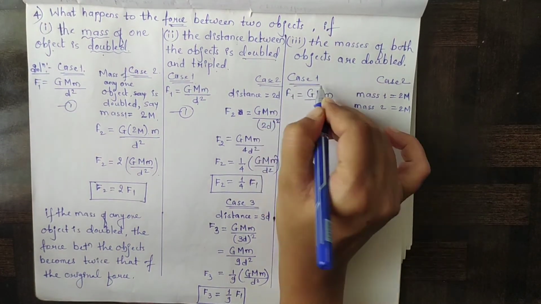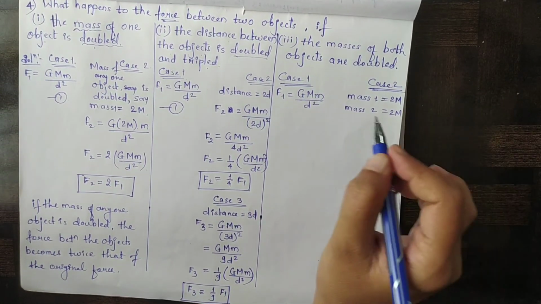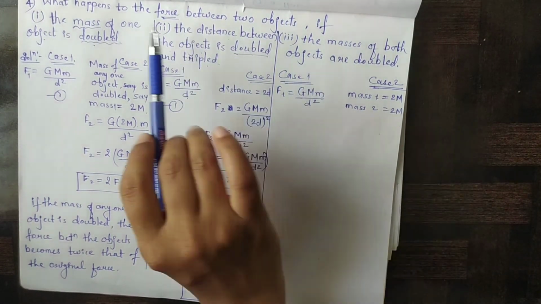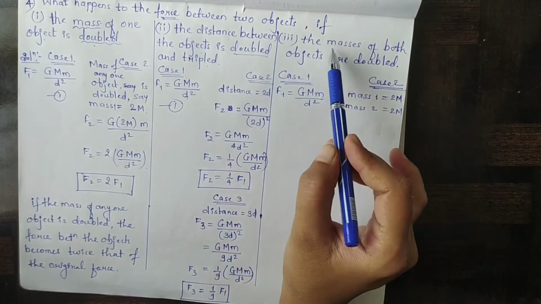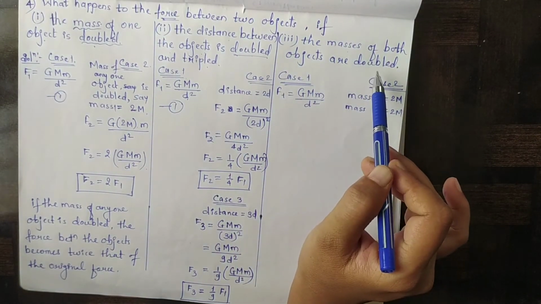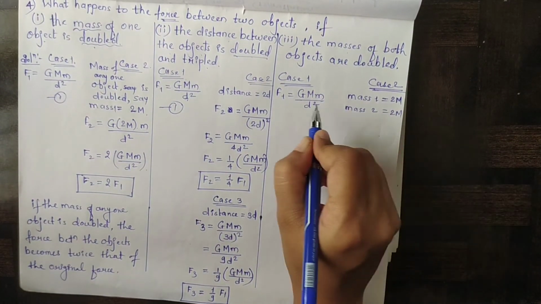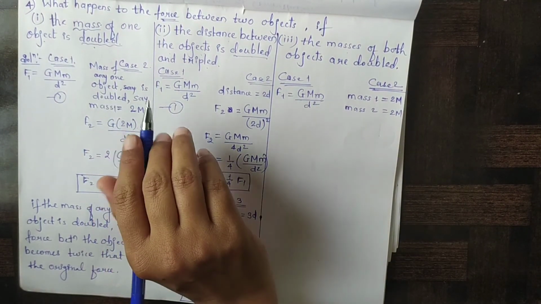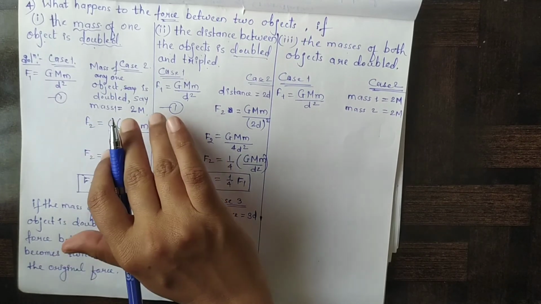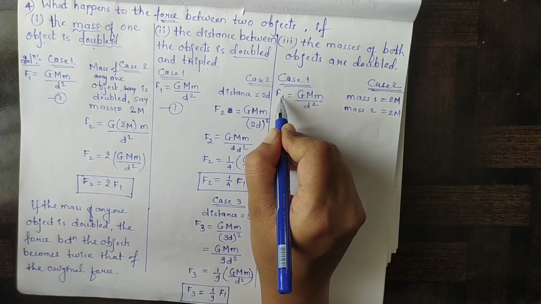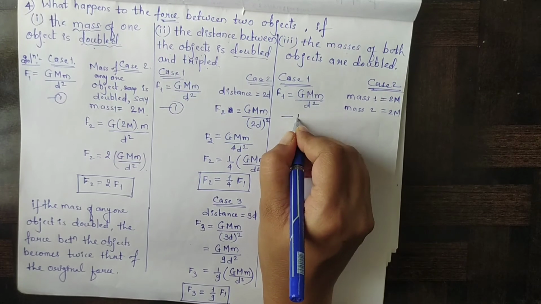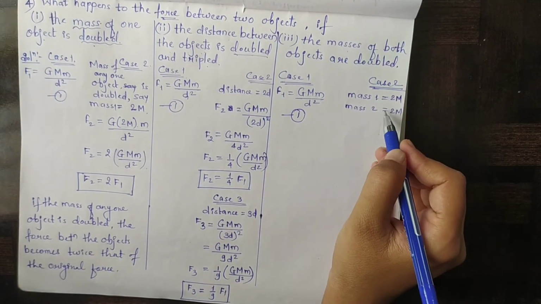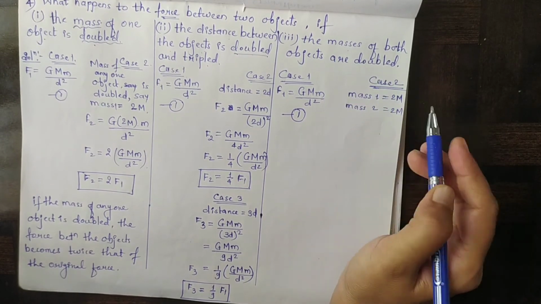Okay, now in the third condition we have to find what happens to the force between two objects if the masses of both objects are doubled. Same as we have seen in the first two conditions, the first case is the original force, F1 is equal to G M m upon D square, and case 2 is as per the condition given in the problem.